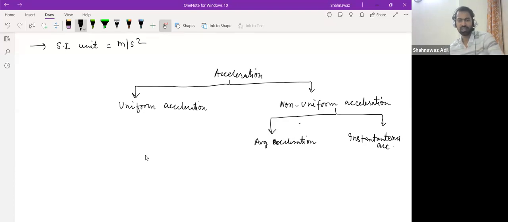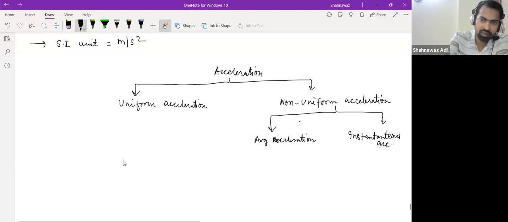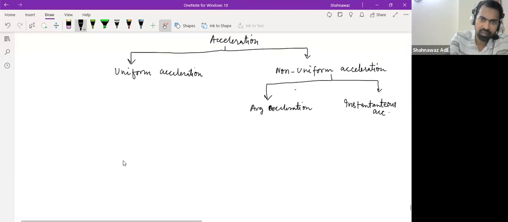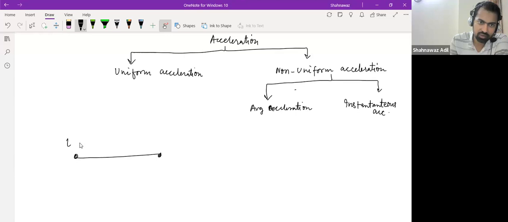So let's say that at t equals 0, the initial velocity v1 was 0 meter per second.